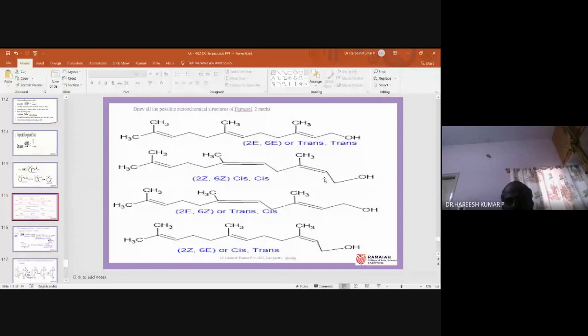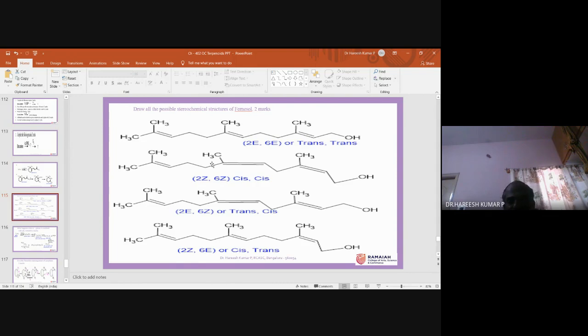And this is one more, the same thing, but here for this double bond, instead of writing the methyl group there, it is written down. Thereby this double bond is converted into a cis one. So that means 2-cis, 6-cis, both are Z.